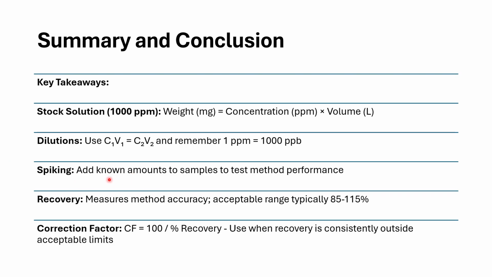Spiking is nothing but adding a known amount of analyte to test the method performance. And you learned how to calculate recovery percentage. Recovery measures the method accuracy, with an acceptable range of 85 to 115%. And lastly, you learned how to apply correction factor if your recovery is very low or very high. Correction factor is equal to 100 divided by percent recovery.